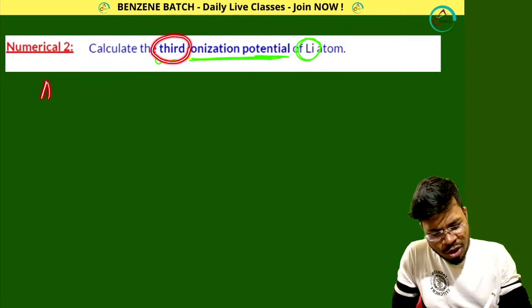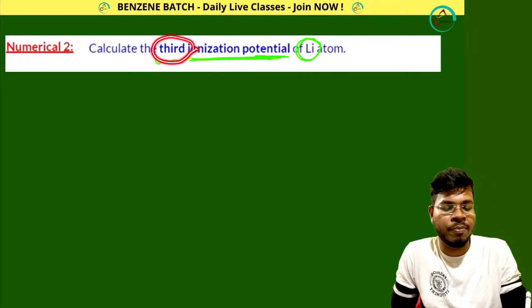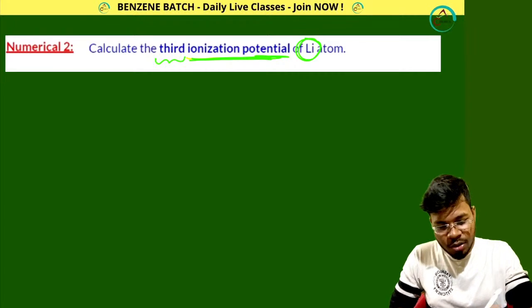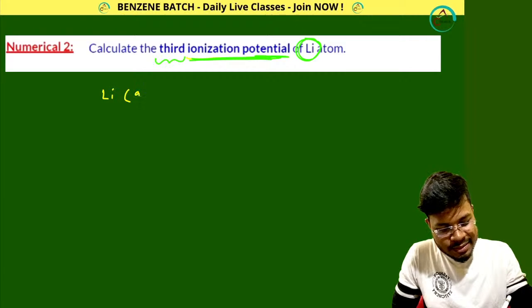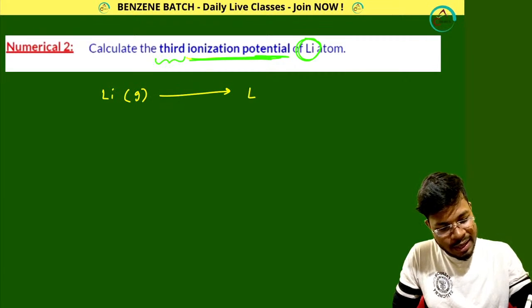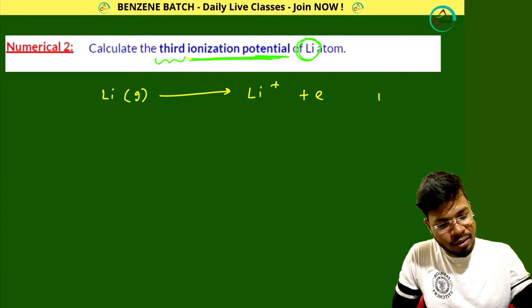Because this is the application of Bohr theory. So why am I asking especially for the third ionization potential of lithium? Why not first or second ionization potential? So what is first, second, third ionization potential? Let me show you. Lithium in its stable ground gaseous state, minus 1 electron, becomes Li plus. This is called first IE, or IE1.